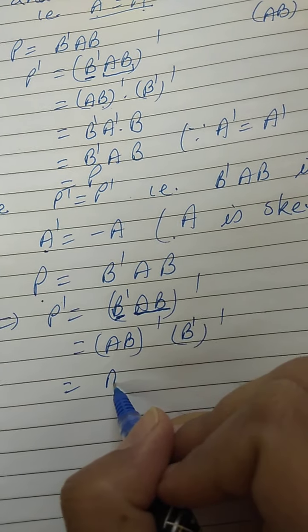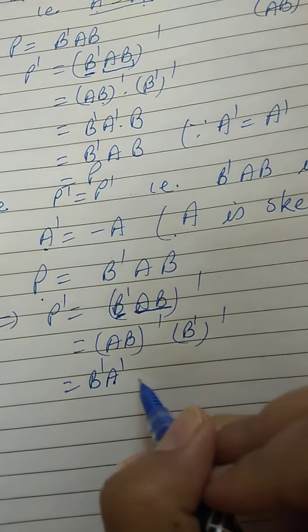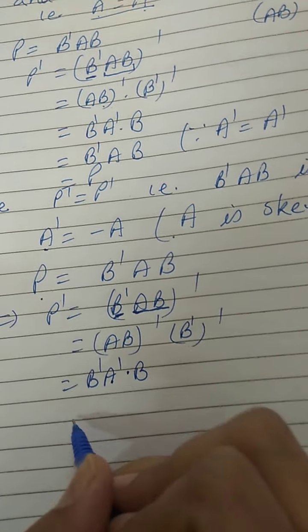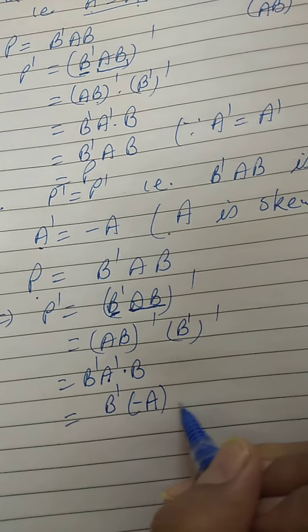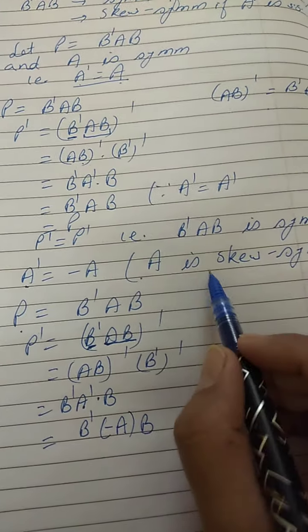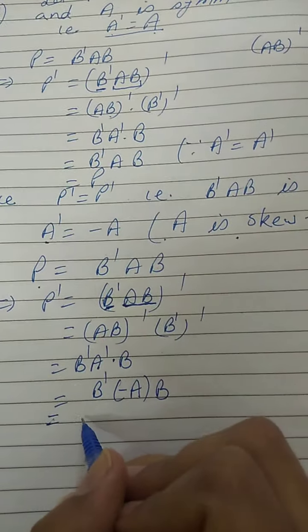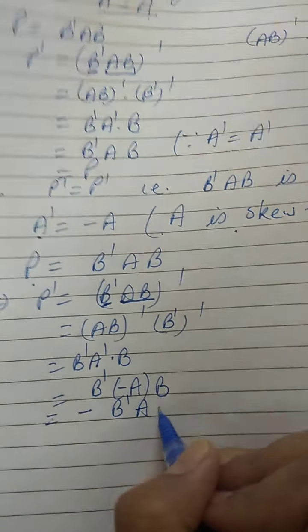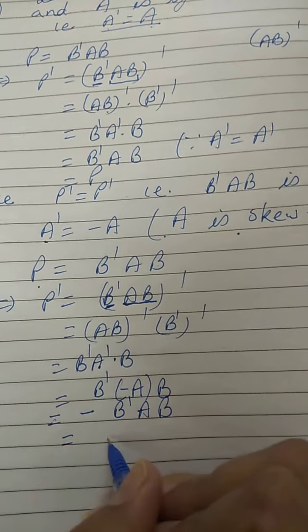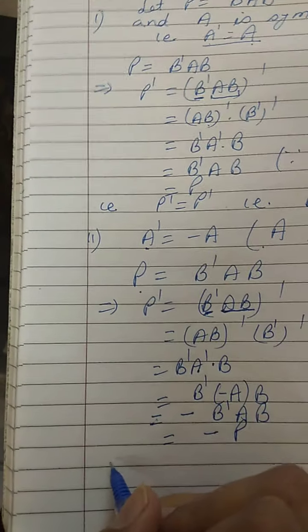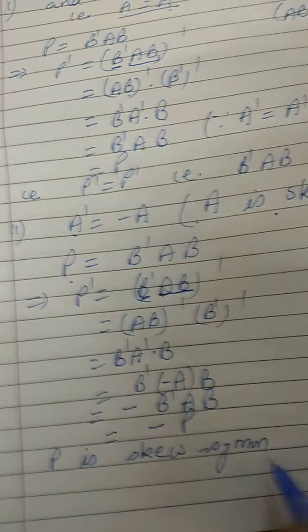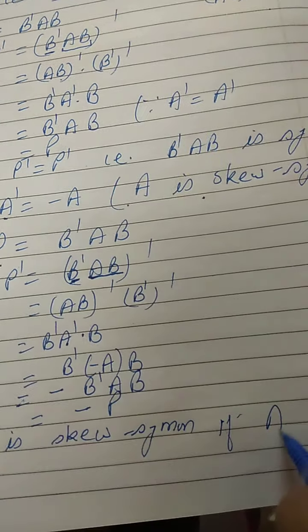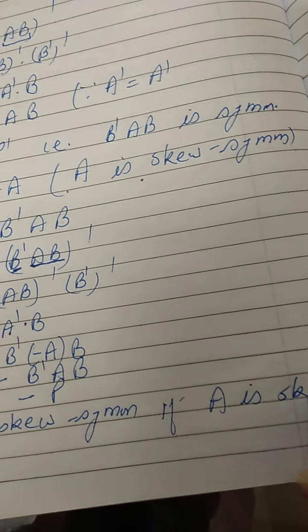Now AB transpose means B transpose A transpose, and this will come as B, and B transpose will remain. A transpose is actually equal to minus of A now, because A is here skew symmetric. So here comes minus sign outside, B transpose AB, which is actually equal to minus of P. It means P is here skew symmetric if A is skew symmetric.